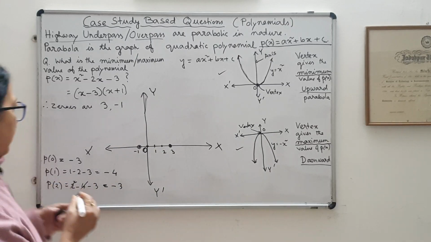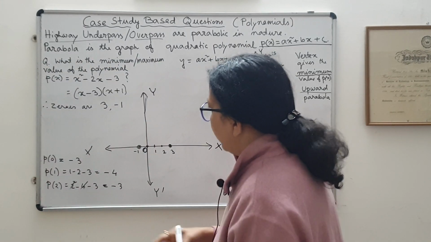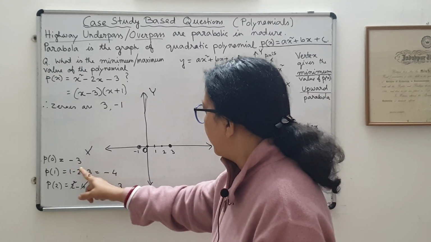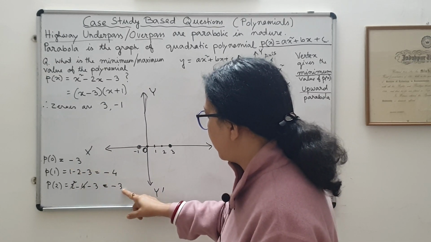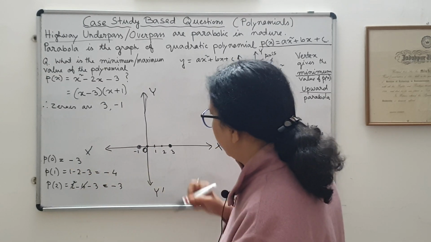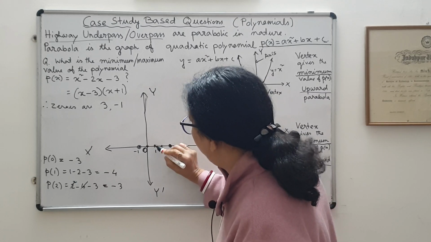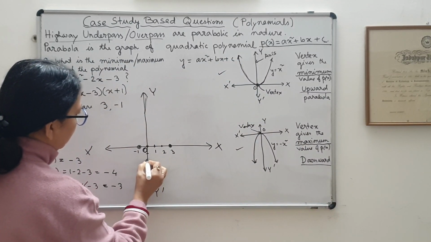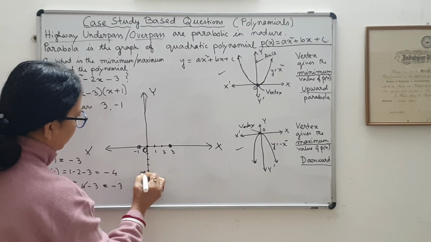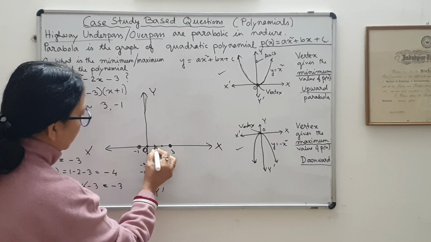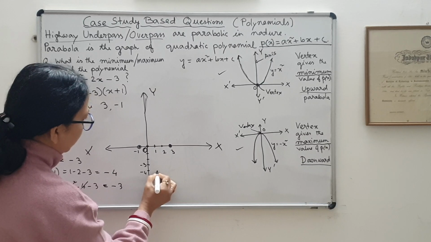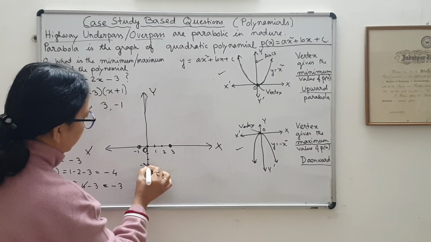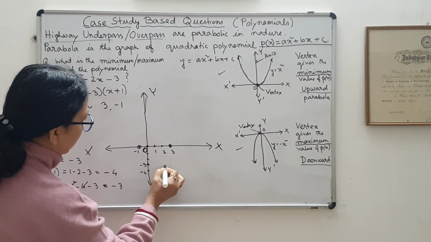So what do I see? I find that minus 3, then minus 4, then it again starts increasing. So at the point 1 the value is minus 4, and at 0 it is minus 3, and at 2 it is also minus 3.